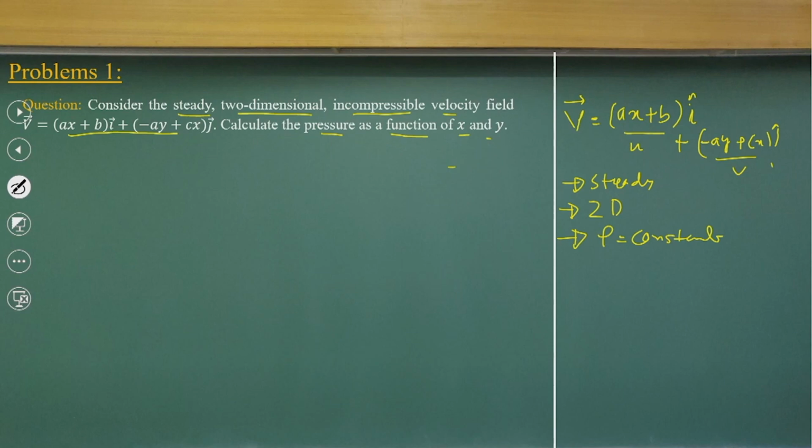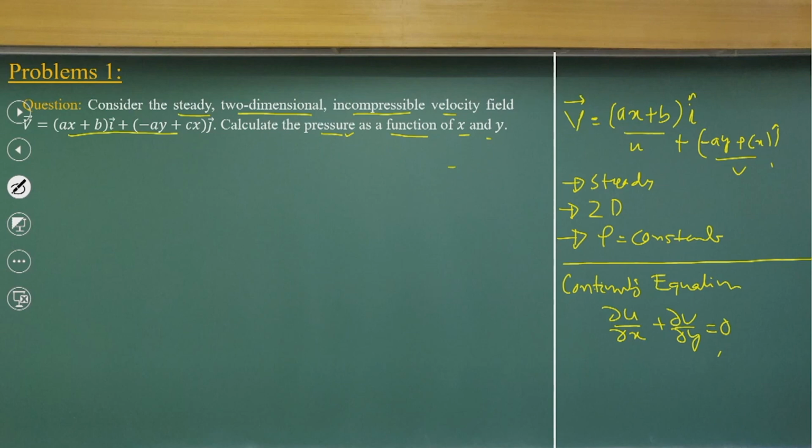Now we have to compute the pressure field, which, for a steady two-dimensional incompressible flow, will be a function of x and y. With us, because it is a two-dimensional incompressible flow, we have the continuity equation: del u by del x plus del v by del y should be equal to 0.